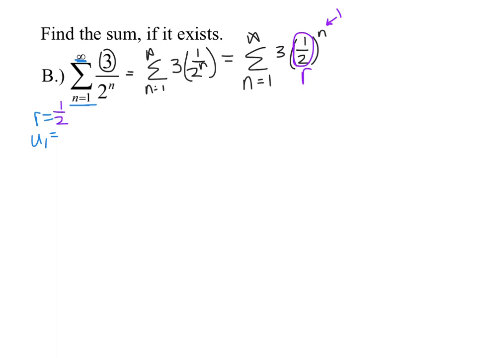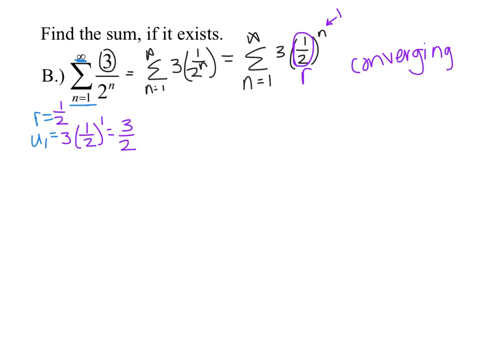Is the absolute value of 1/2 less than 1? Yes, it is. So this will be converging. And then u sub 1 is going to be 3 times 1/2 to the power of 1. So you would get 3/2.